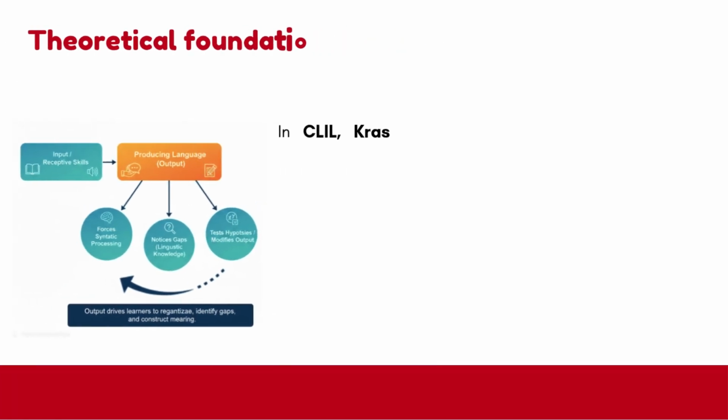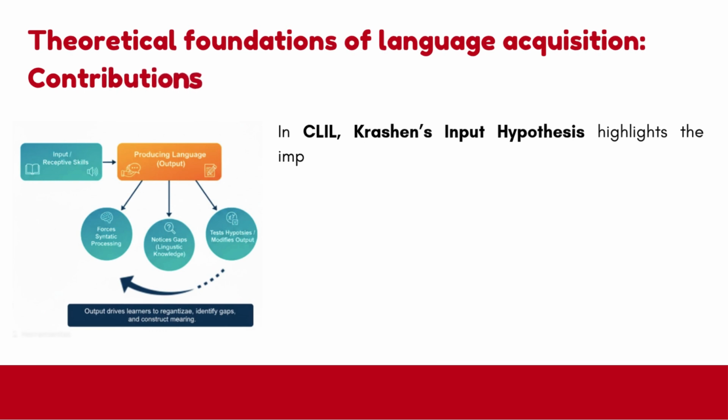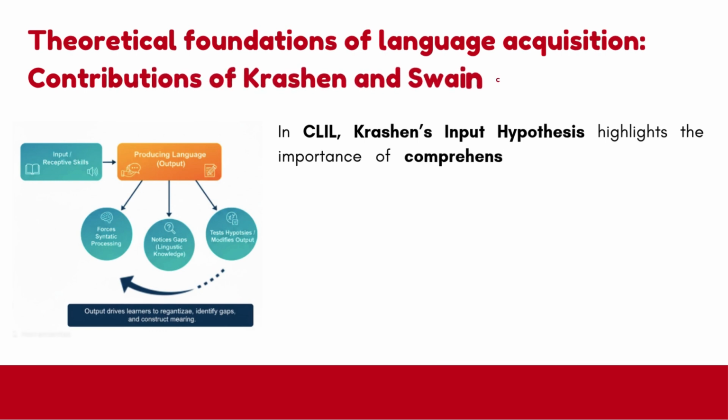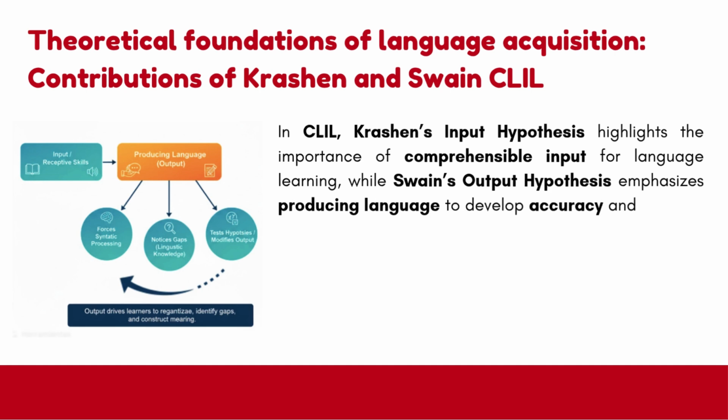In CLIL, Krashen's input hypothesis highlights the importance of comprehensible input for language learning, while Swain's output hypothesis emphasizes producing language to develop accuracy and fluency.